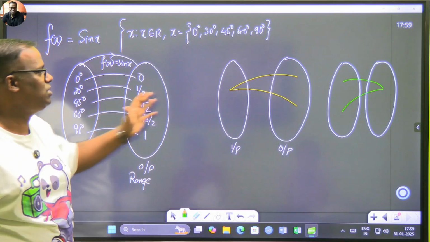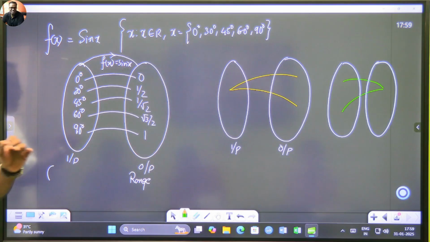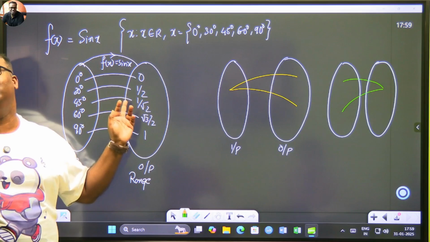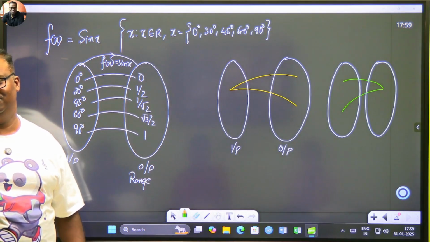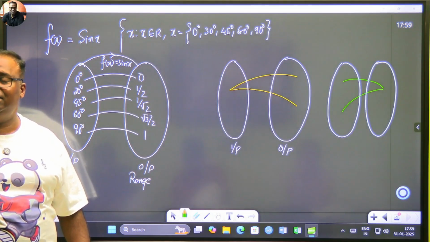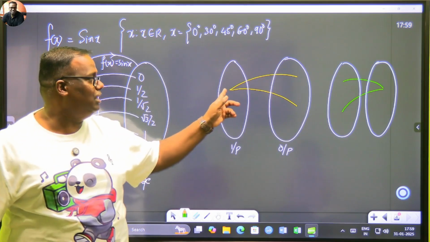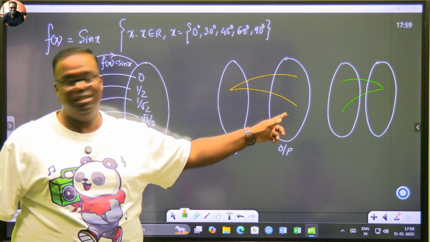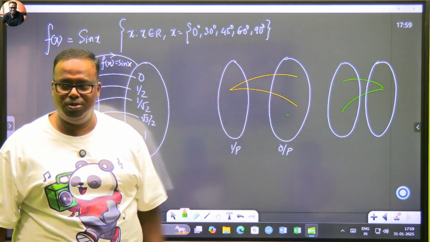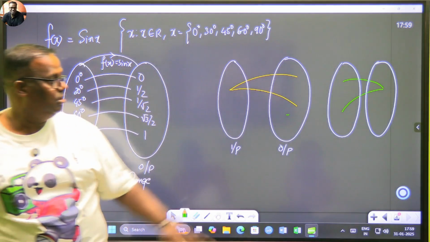If they show you some mappings and ask which of these are functions, the criterion is that one input can only have one distinct output. Sine 30 is how much? Half. Sine 30 cannot have any other value other than half. Sine 30 cannot have two values. This is not a function. Understood? Sine 0 is 0, sine 180 is again 0.